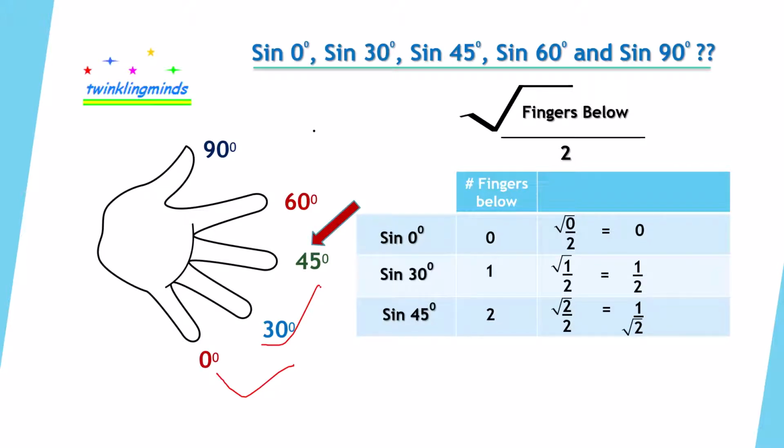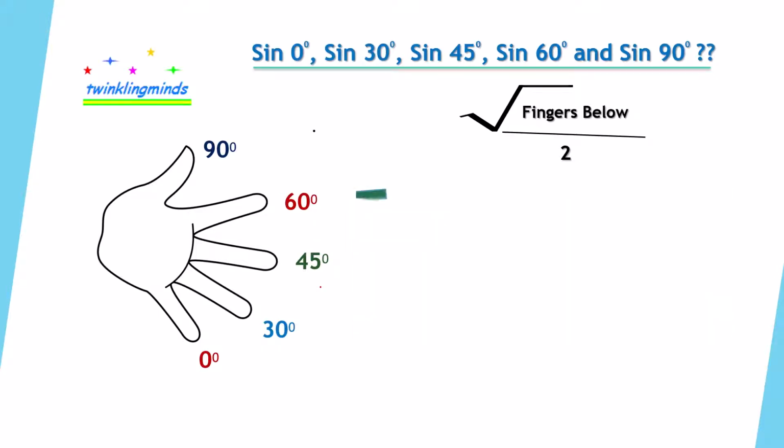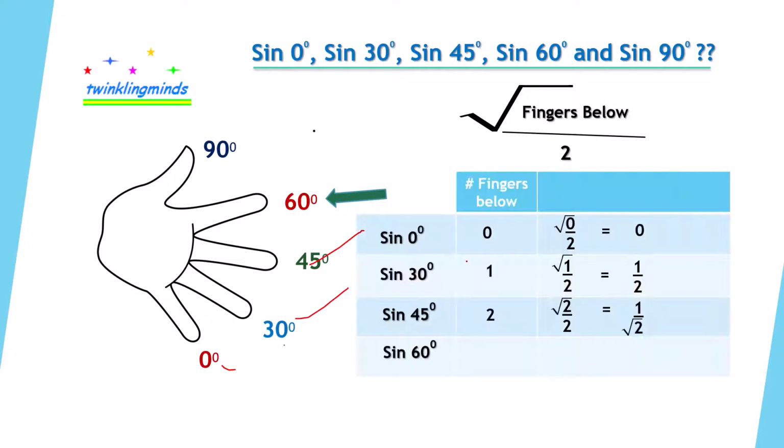What is the value of sine 60 degrees? How many fingers below now? 3, right? 1, 2, 3. So what is the value of sine 60 degrees? Square root 3 divided by 2.